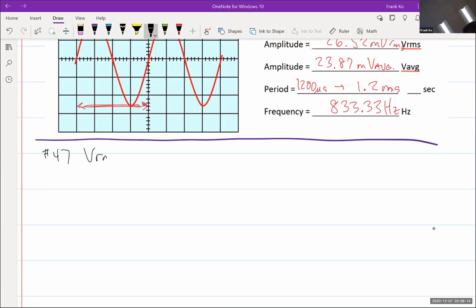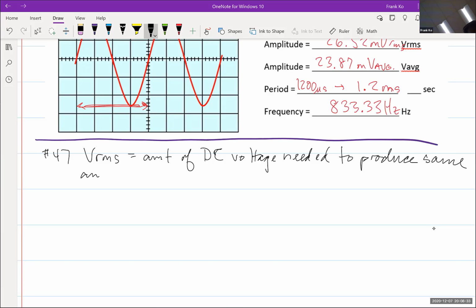The VRMS is equal to the amount of DC voltage needed to produce the same amount of power output.